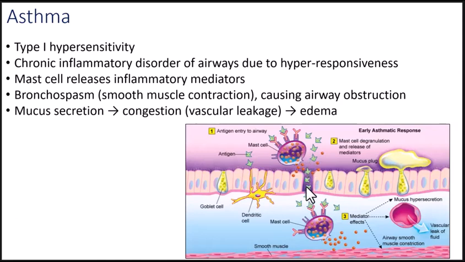Some of these antigens are penetrating through that cellular layer where they'll continue to come into contact with our immune system, including more mast cells that will continue to degranulate and have effects such as increasing mucus production, causing airway smooth muscle constriction and the leakage of fluid.